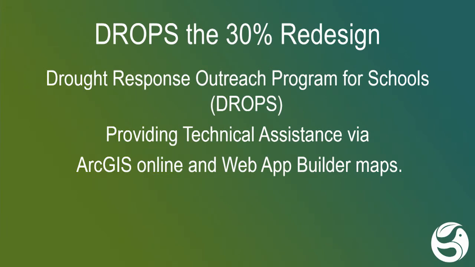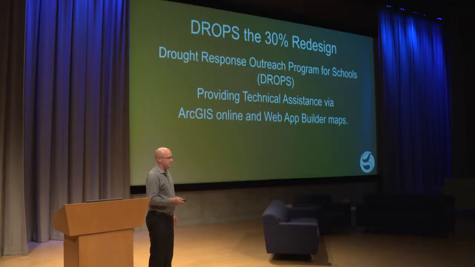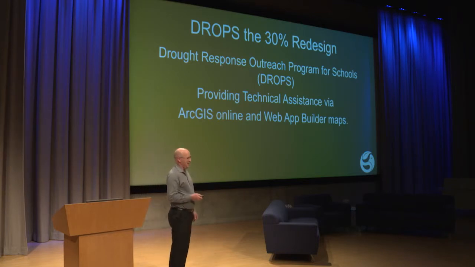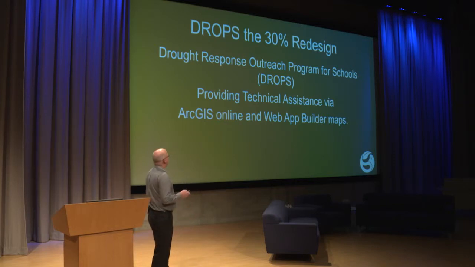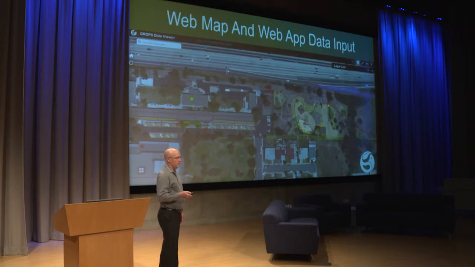The second project I want to talk to you about is the actual redesign. The Drought Response Outreach Program for Schools, which is another great state-named program, asked us to provide technical assistance. We ended up with a team that included a Masters of Landscape Architecture in our office and others in offices in Davis, California, and San Luis Obispo.